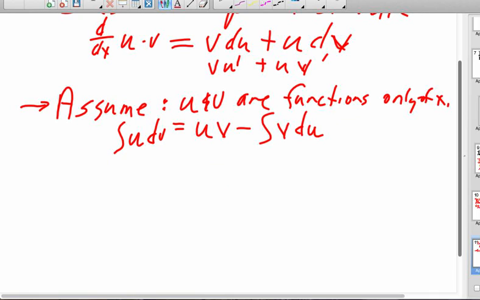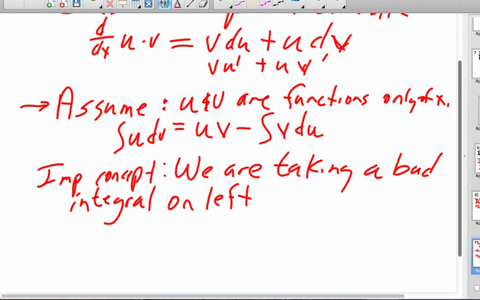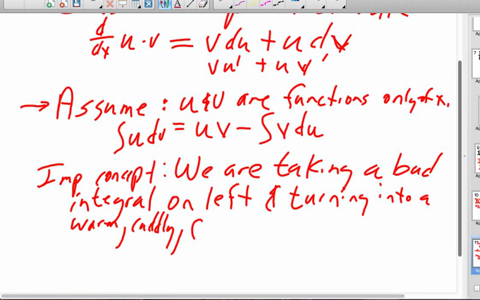Important concept on this. We are taking a bad integral, a rabbit dog type of integral, on the left, and turning it into a warm, cuddly, friendly integral on the right.